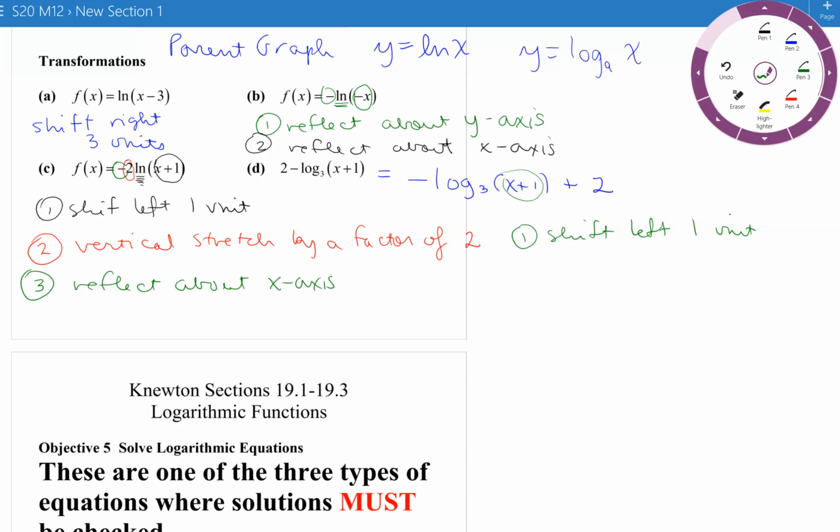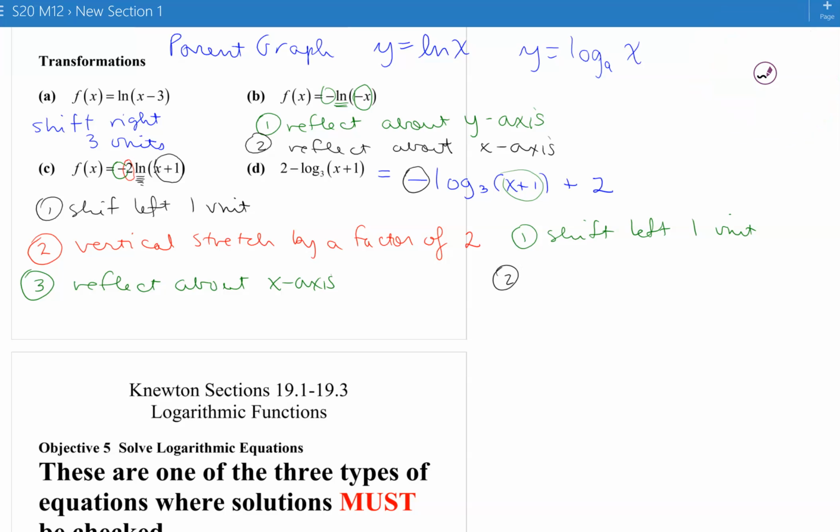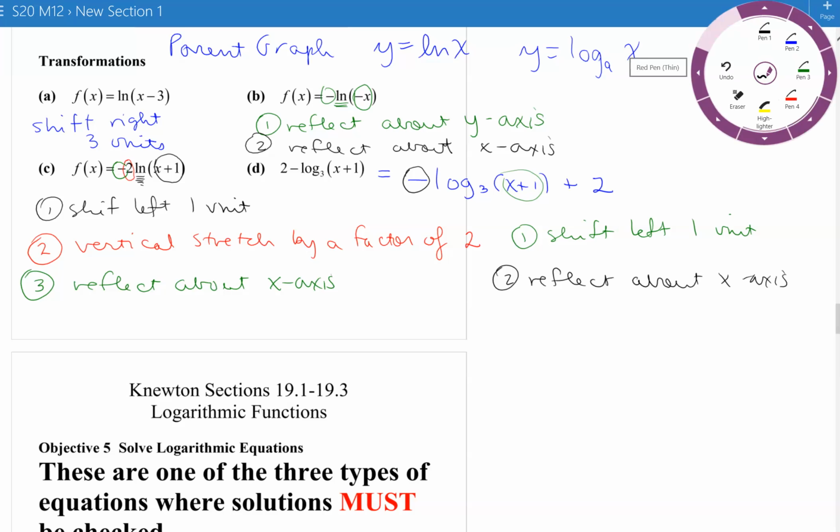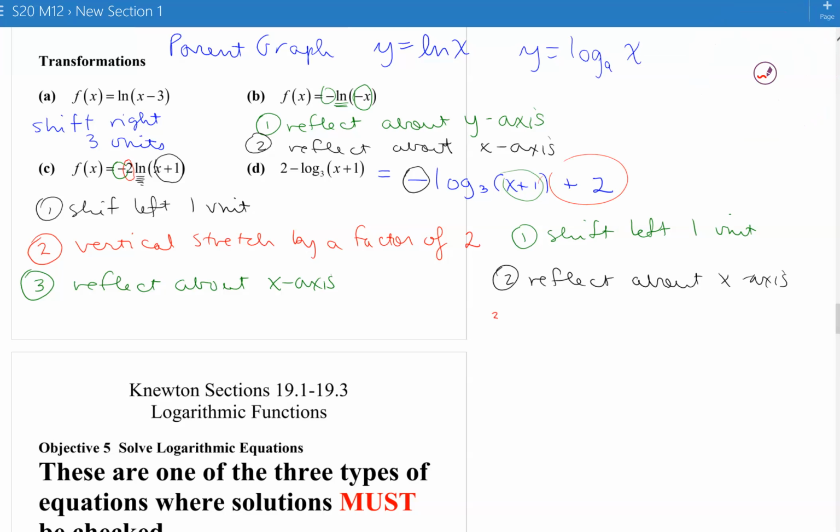Then the function happens. Then we see a negative out front. So we're going to reflect about the x-axis. And then the last thing we're seeing is shift up 2.